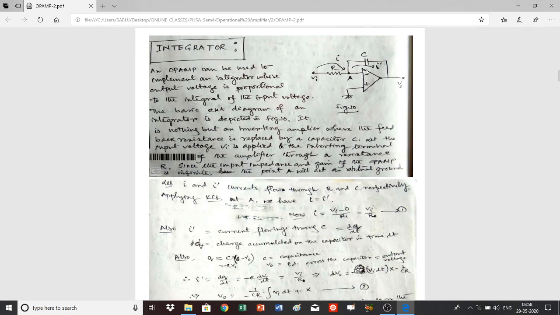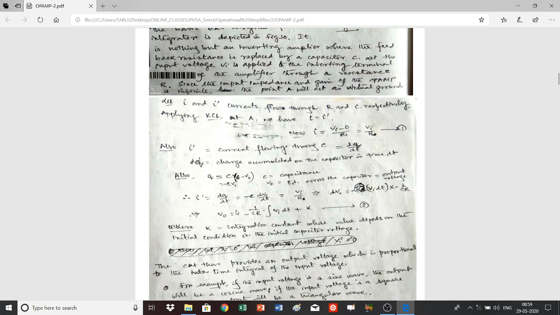Now the charge that will accumulate on the capacitor plates is nothing but the product of the capacitance C and the potential difference between these two plates.